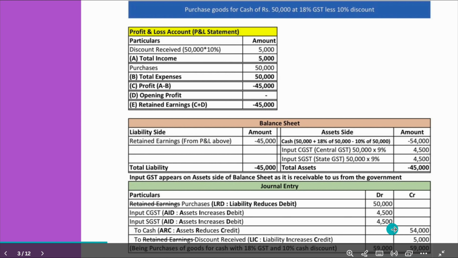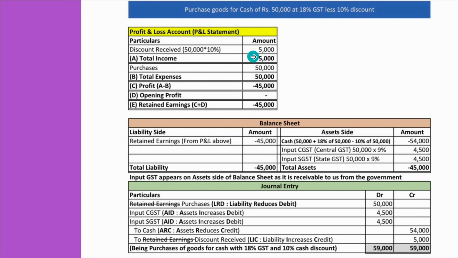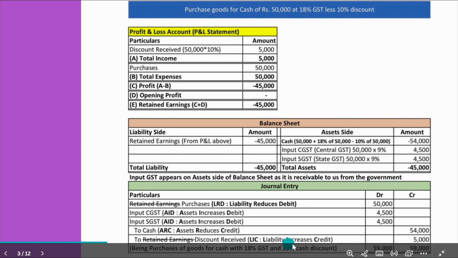So cash 54,000, and at the same time the company has received a discount of 50,000 into 10%, that is 5,000, due to which retained earning is increasing to the extent of 5,000. So liability increases credit is the rule. So retained earning will be credited.